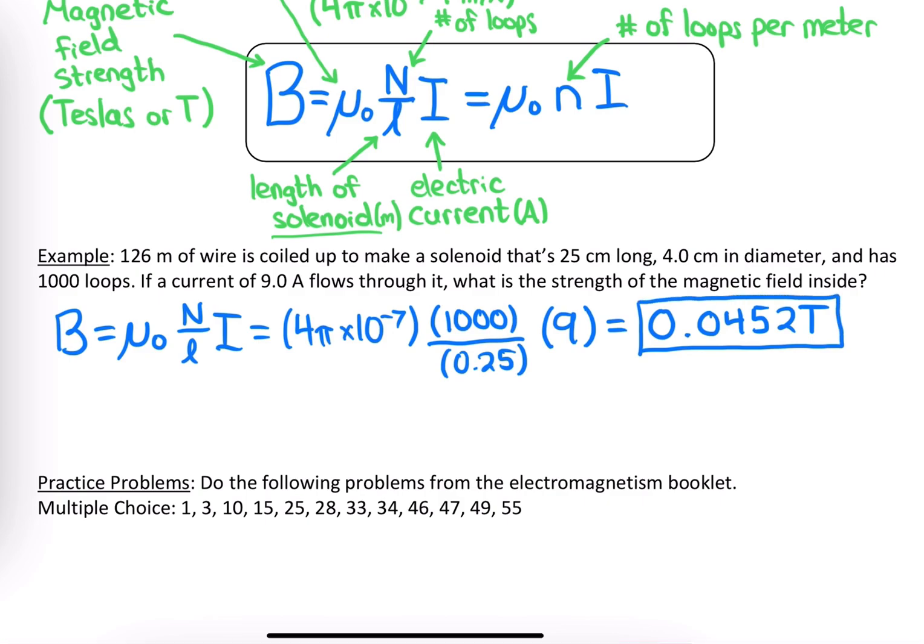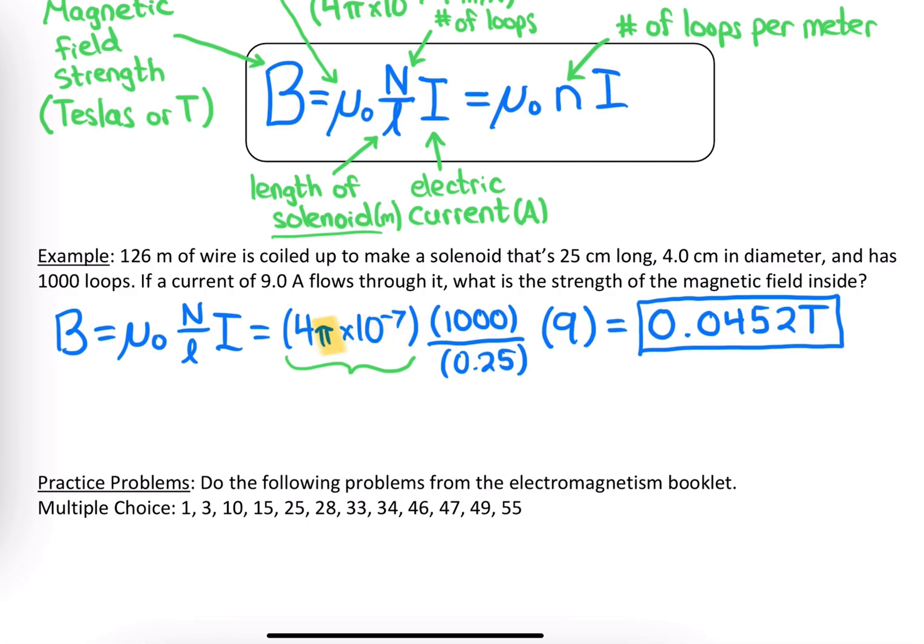In particular, typing mu naught into your calculator can be tough. A lot of calculators will give you an error if you try and type it in exactly as it is. The issue here is they don't like you taking an irrational number, pi, and putting it to the power of something, mixing it with scientific notation. Calculators often don't like that.